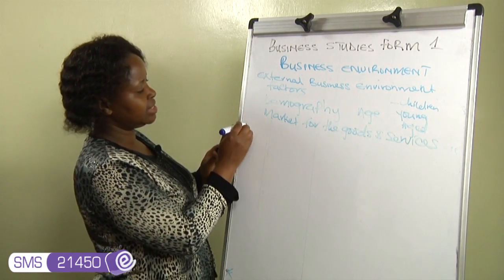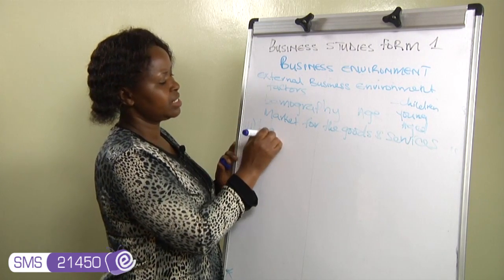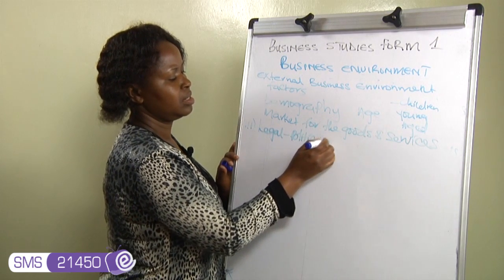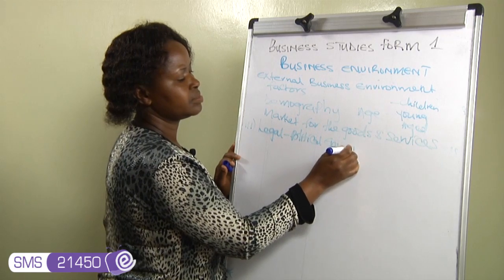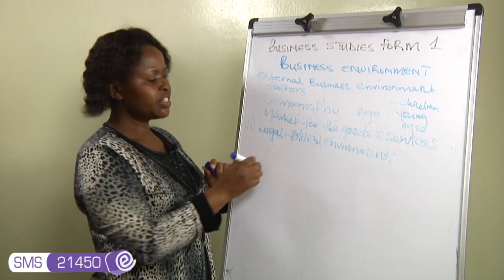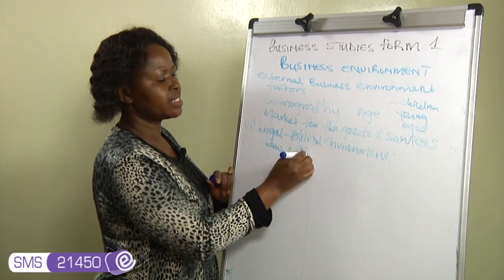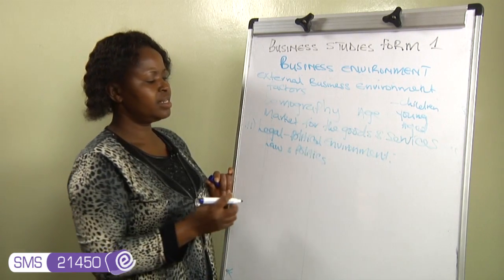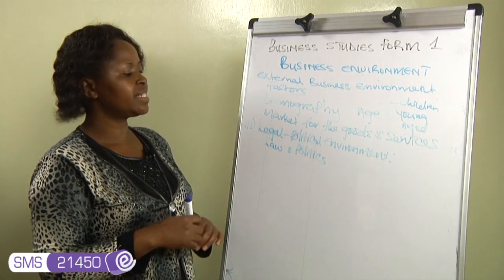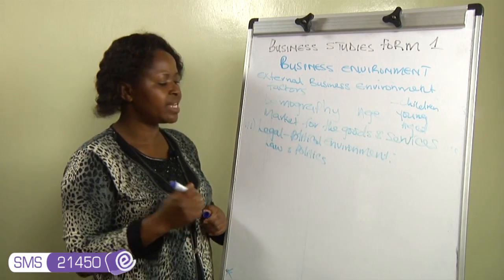Then there is, thirdly, the legal political environment. This is simply law and politics. It's a factor that influences the business positively or negatively, depending on what is prevailing.